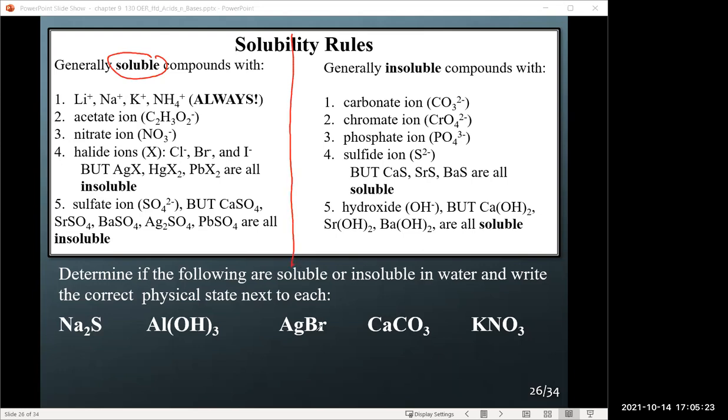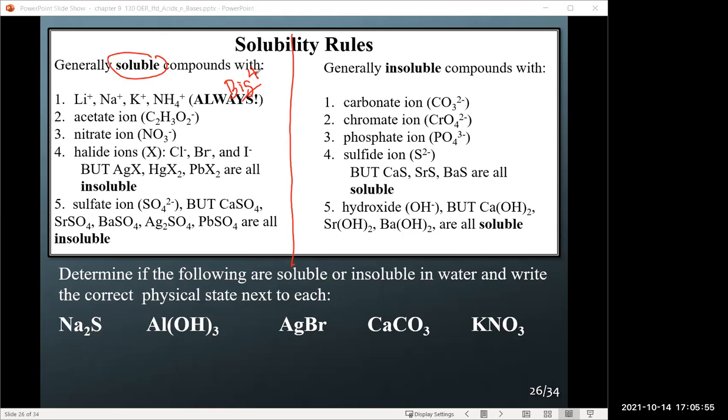Okay. Now, number one, lithium, sodium, potassium, and the ammonium ion. I call these guys the big four. Help you remember the big four there. Regardless of what they are bonded to, any anion, they are classified as soluble. So it could be lithium, anything soluble, sodium, anything soluble. The same with potassium and ammonium.